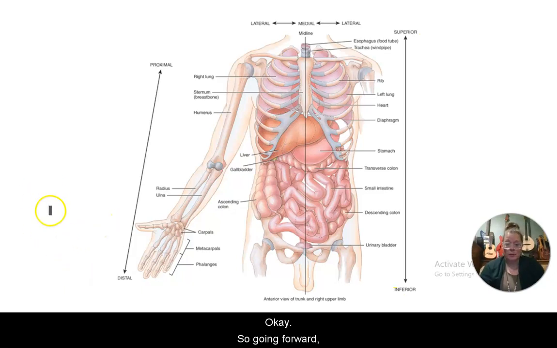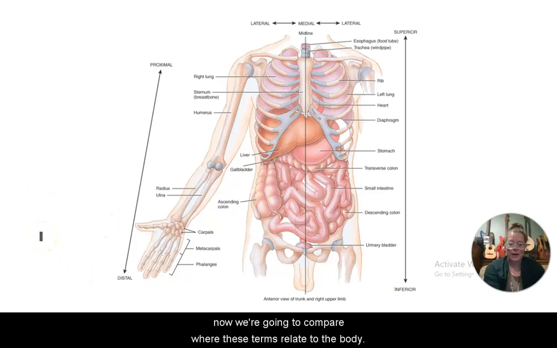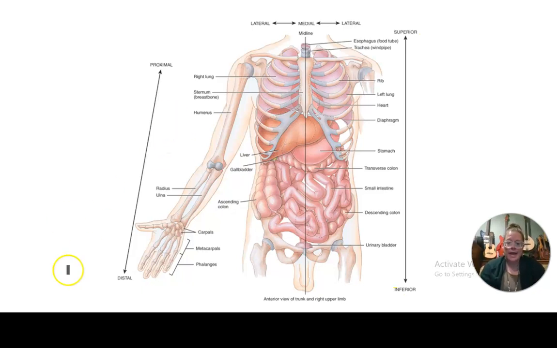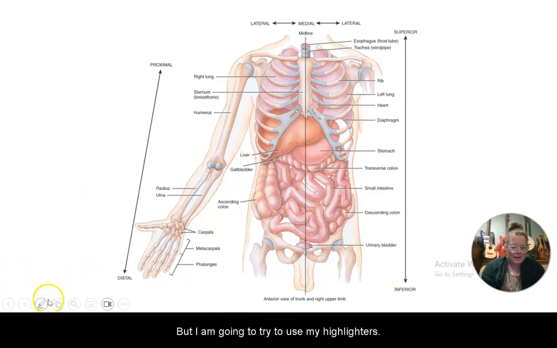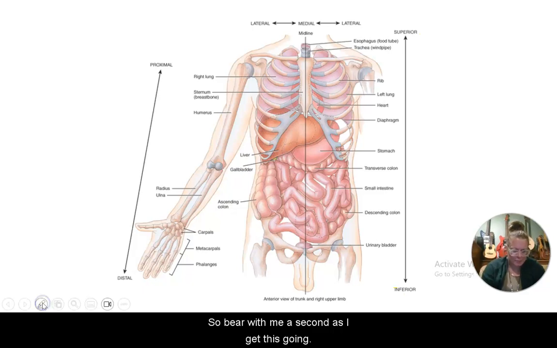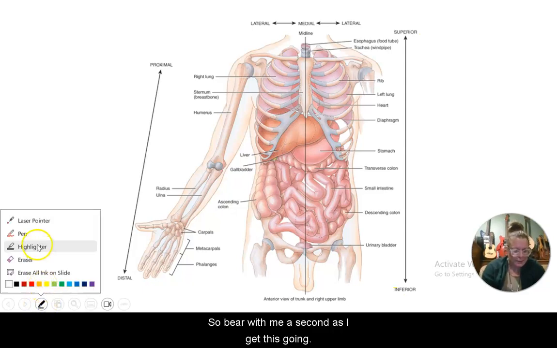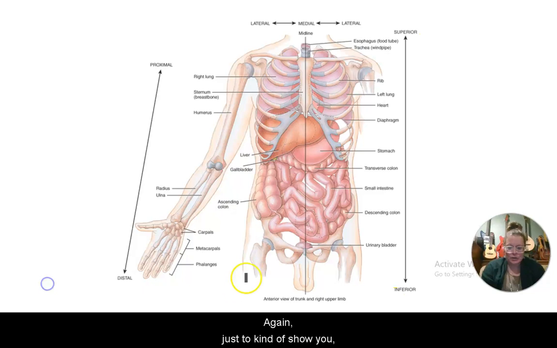Okay, so going forward, now we're going to compare where these terms relate to the body. This first pair is a little bit tricky because we're only seeing a section of the body, but I am going to try to use my highlighters, so bear with me a second as I get this going again. In this picture, this is the anterior view.